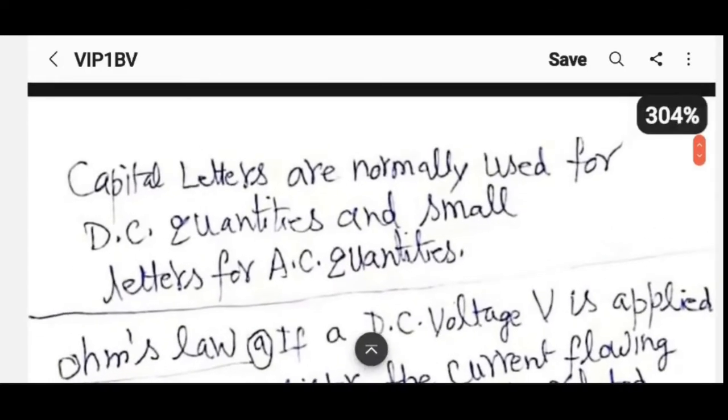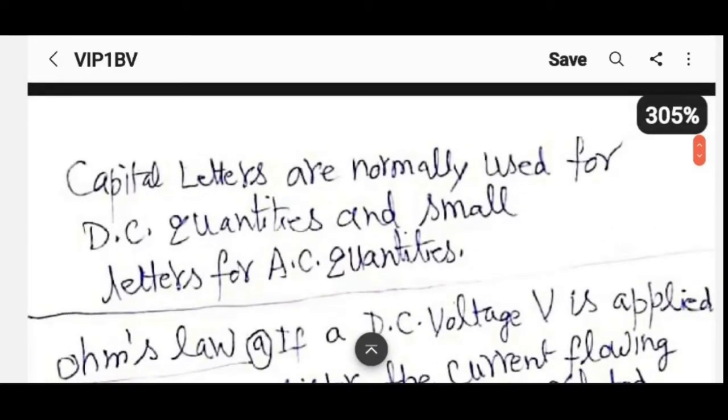Typically, we use small English letters for describing quantities that are varying with time, and we use capital letters for DC values, or for average value or RMS value of AC signals.